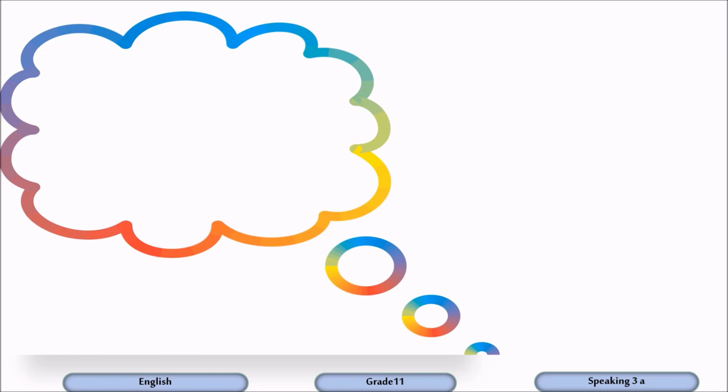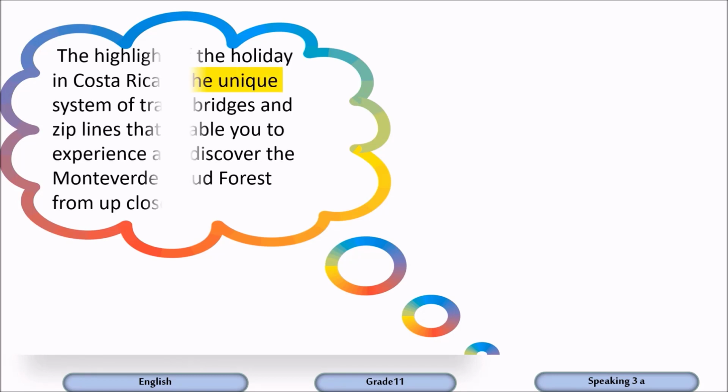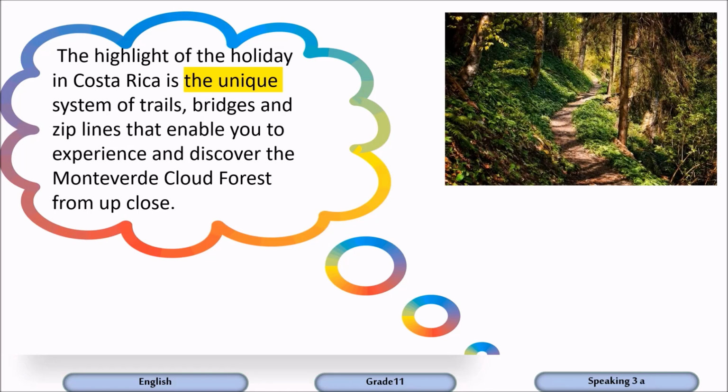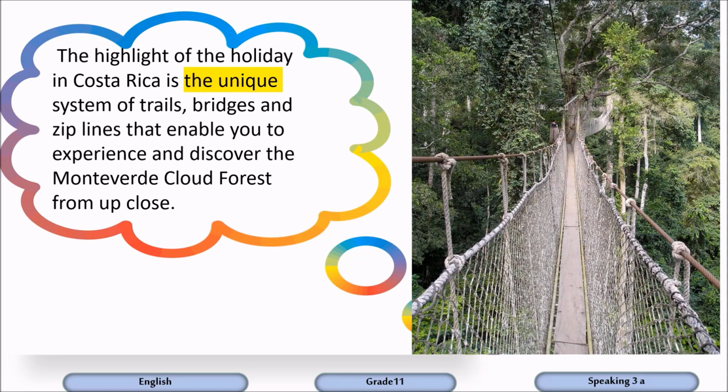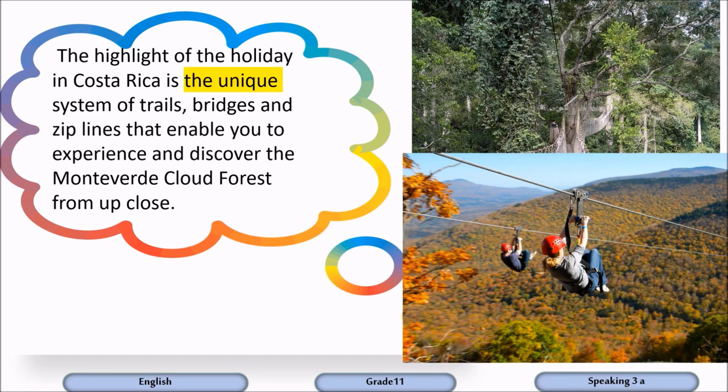Alright, what do you think is the key highlight about this one? The highlight of the holiday in Costa Rica is the unique system of trails, bridges, and zip lines. So, trails, bridges, zip lines that enable you to experience and discover the Monteverdi cloud forest from up close.